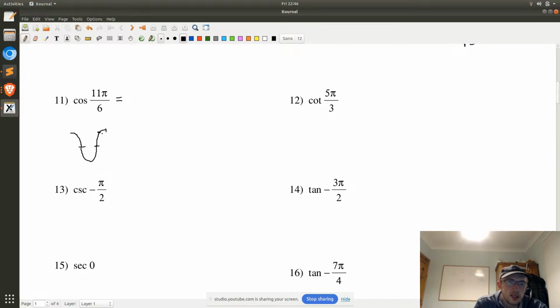So basically 2 pi here, whatever this is. So 1/6 of pi.